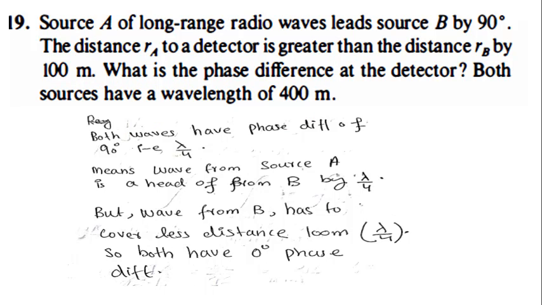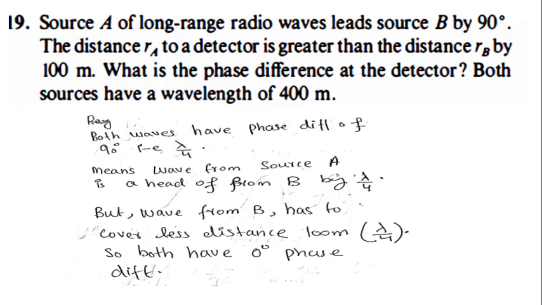Next is problem 19. Source A of the long range radio waves leads source B by 90 degrees. The distance RA to a detector is greater than the distance RB by 100 meters. What is the phase difference at the detector? Both sources have a wavelength of 400 meters. Since the phase difference is 90 degrees, that is lambda by 4, the wave from source A is ahead of source B by lambda by 4, because a phase difference of 90 degrees corresponds to a path difference of lambda by 4.